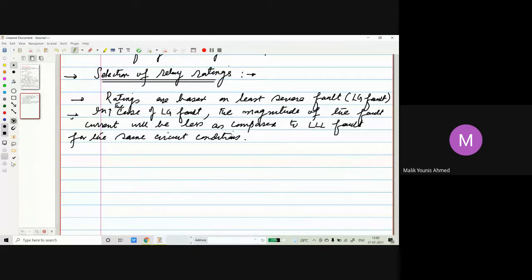So we are talking about the least severe fault, that is the LG fault. Whatever current flows through that circuitry will be required to issue a trip signal. So that's very important. We require the least current here, not the maximum current, because with maximum current we would be ignoring the least severe fault. So we have to take all the faults into consideration. That's why we are talking about the least severe fault, and the magnitude of that fault current is going to be less.